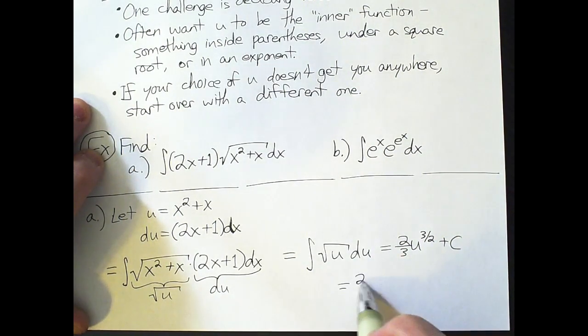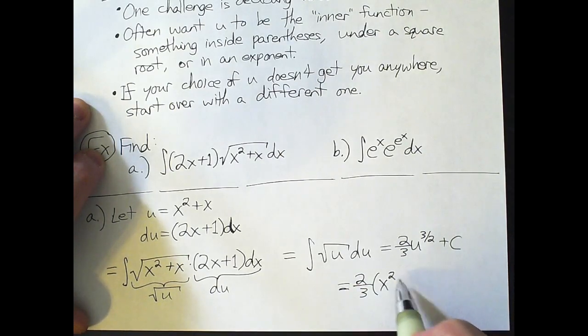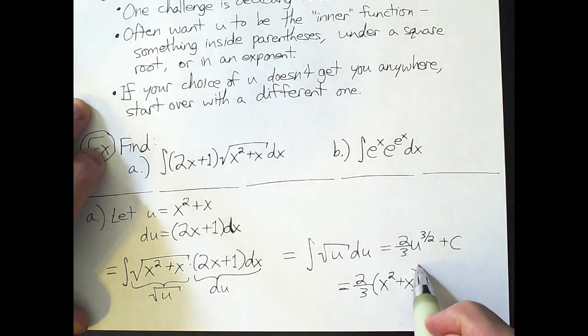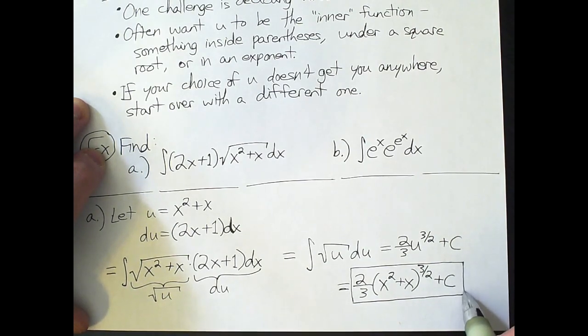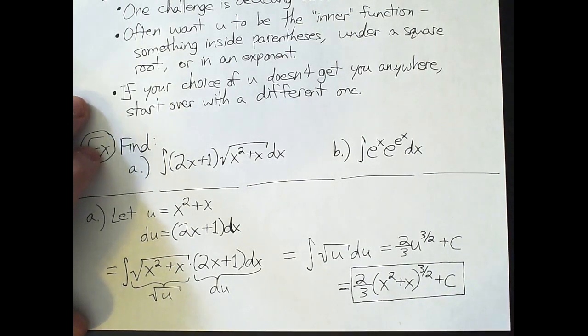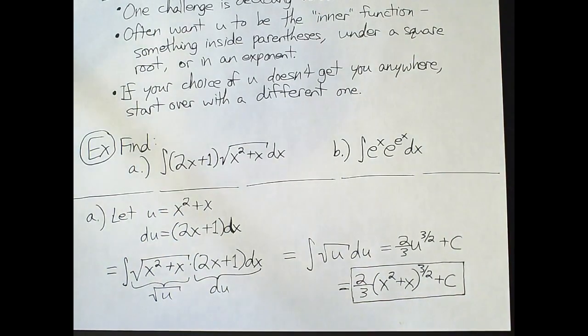This is 2/3 times x squared plus x to the 3/2 plus c. So part of the problem looks like the one we did earlier, but the final answer is different. So that was part A.